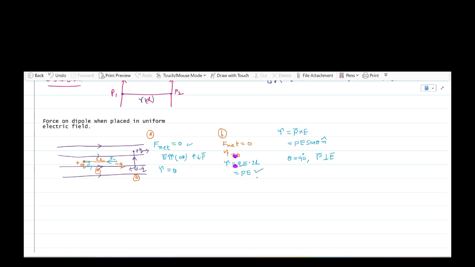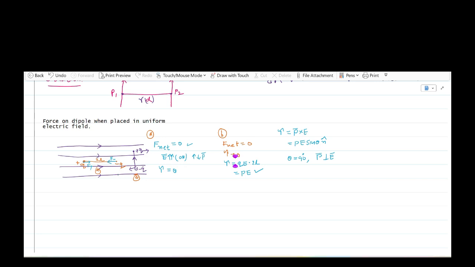In other cases, parallel and anti-parallel, tau is equal to 0 and F net is also 0 in a uniform electric field. And tau is equal to PE sin theta n cap in all other cases, other than 0 and 180. At 90, it means maximum torque PE.